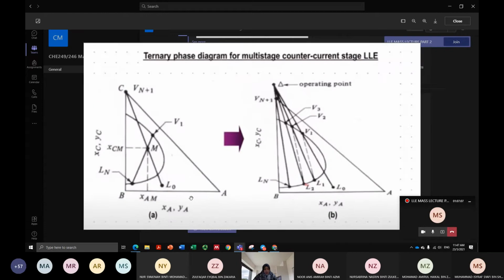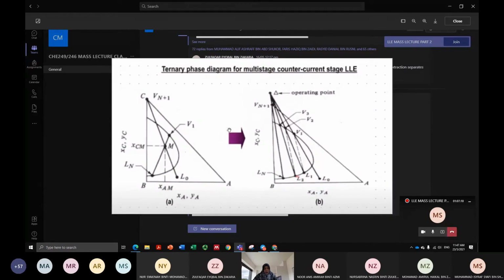The most important information that you need from the question is the components of A and C. If you know the components of A and C, then you can label your L0. Remember that this is L0, which is your feed. It has not yet undergone the process. Therefore, the composition in your feed shouldn't be in equilibrium.